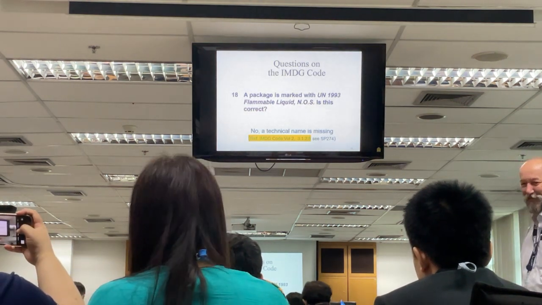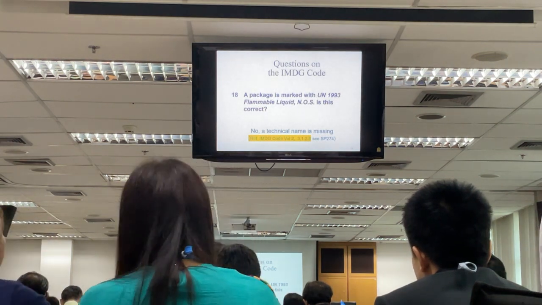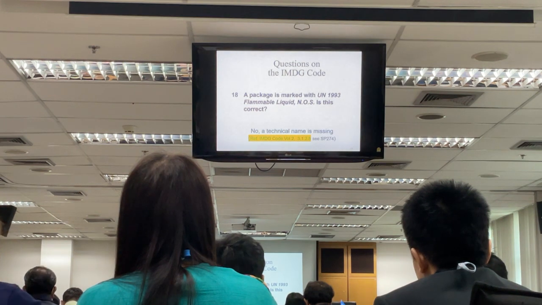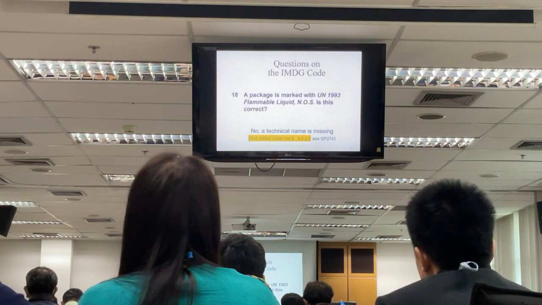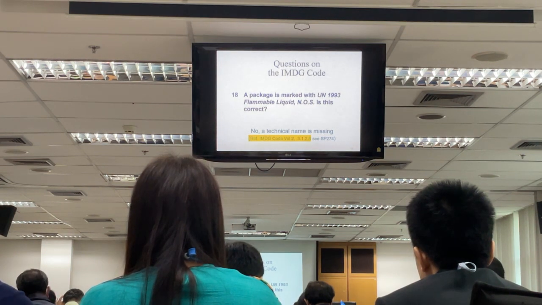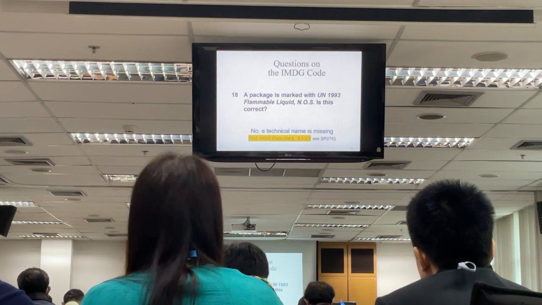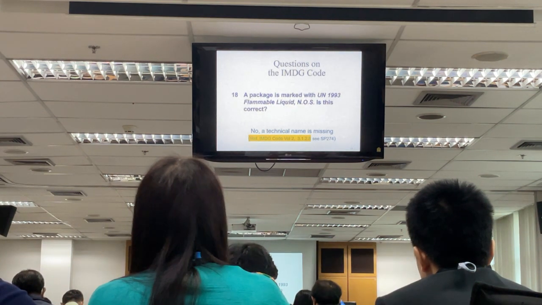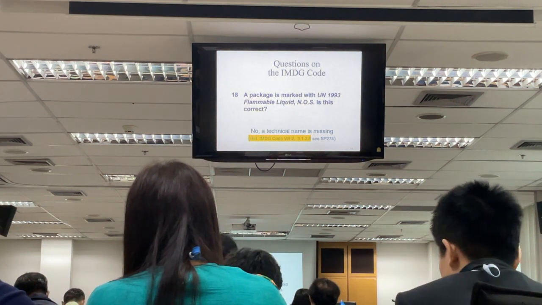Great. The reference is IMDG code, get the reference from here. Volume 2, 3.1.2.8, subsection C, also special provision 274. It says that every NOS name should have a technical name.